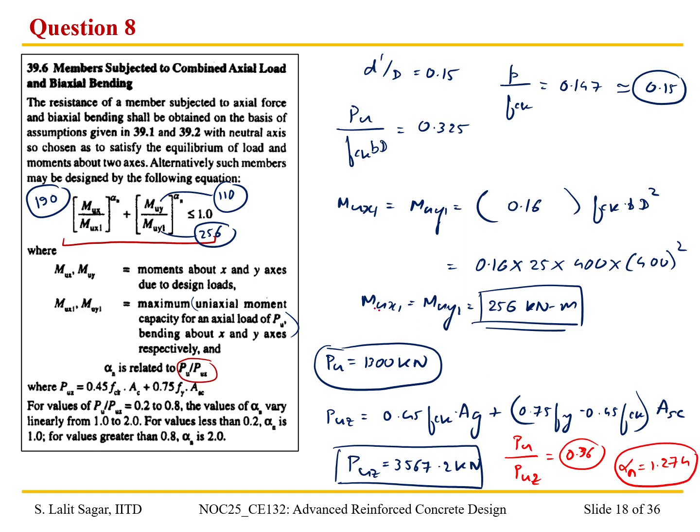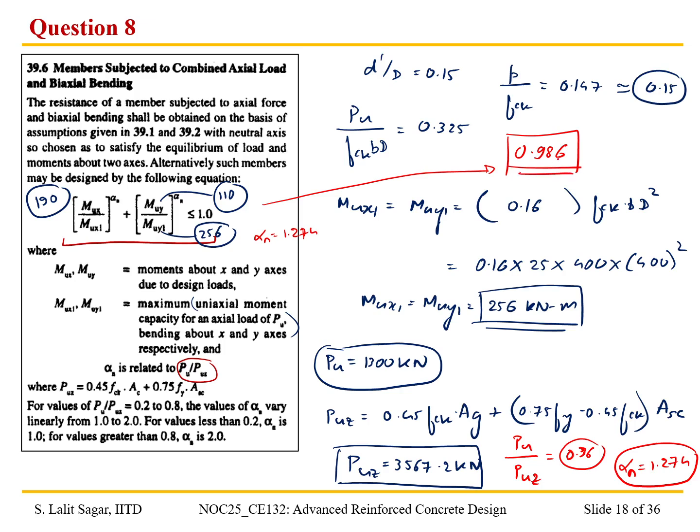Now we have the value of alpha n also. When I simplify this by plugging in all the values of Mux, Mux1, alpha n, Muy1, the corresponding biaxial moment demand to capacity ratio turns out to be 0.986.